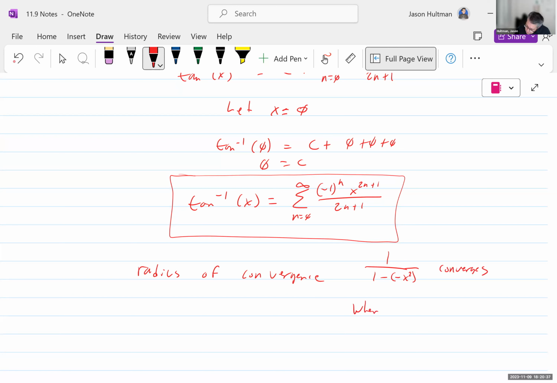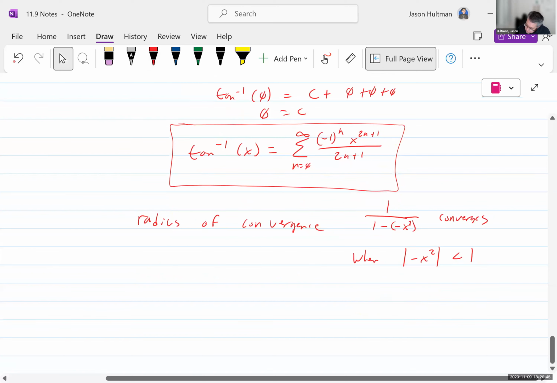It converges when the absolute value of negative x squared is less than 1, which is the same as the absolute value of negative 1 times the absolute value of x squared is less than 1. The absolute value of negative 1 is just 1, so that goes away.